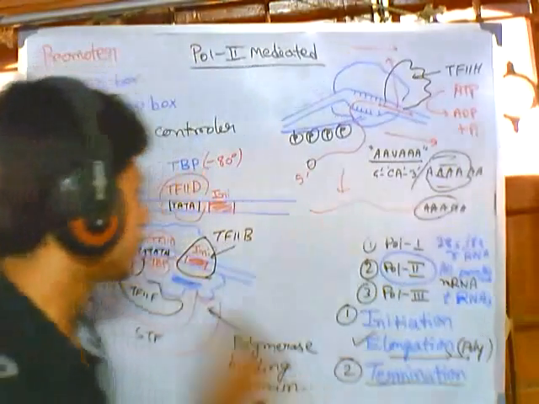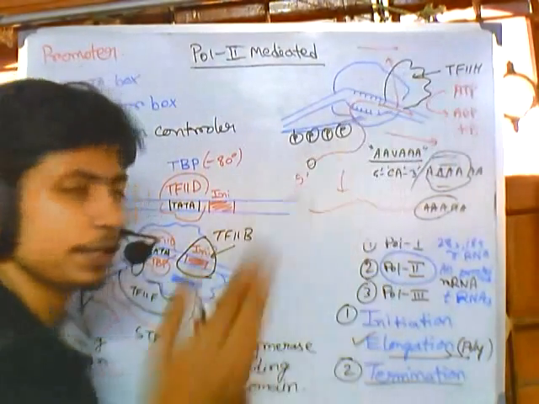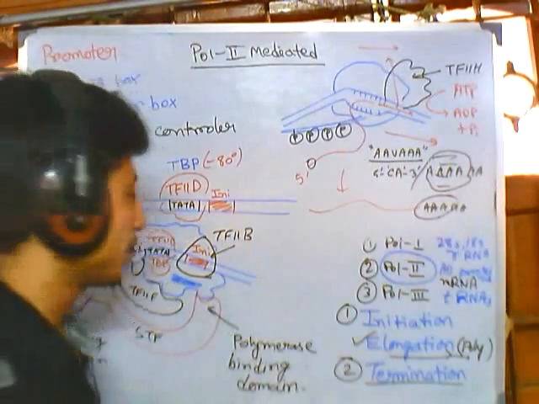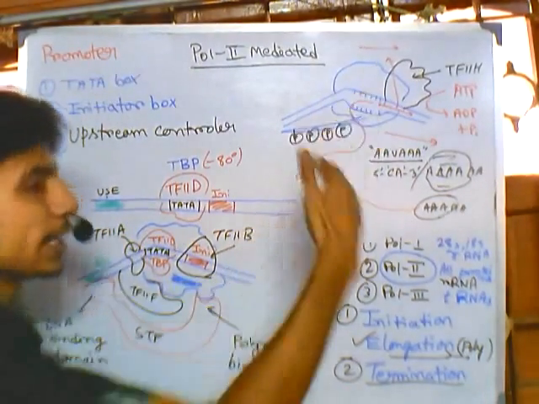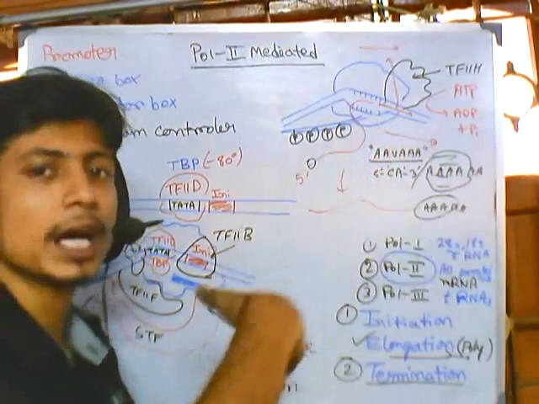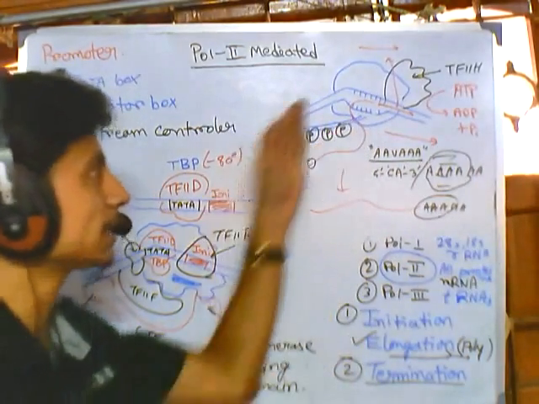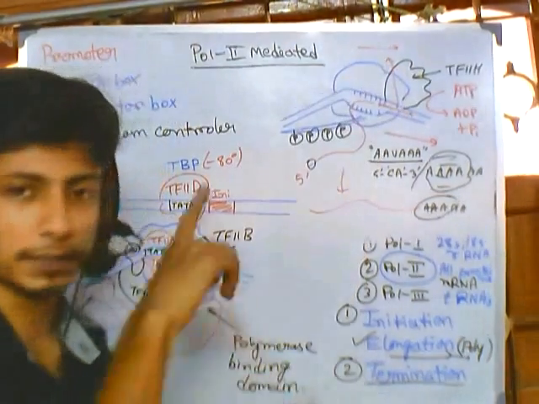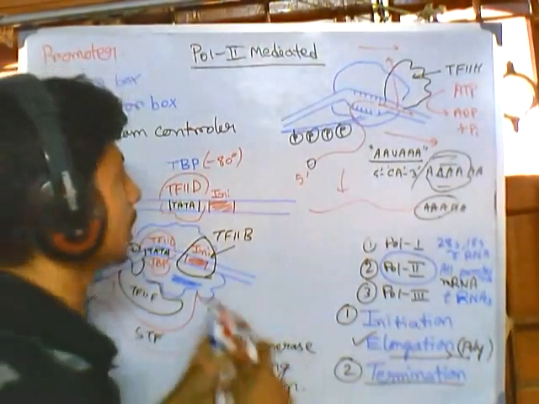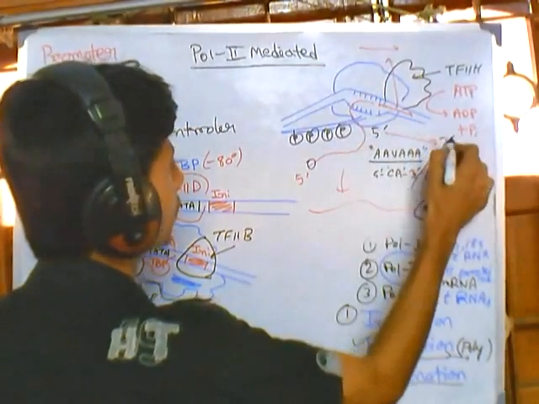After this binding, it will provide the signal to the polymerase and will recruit TFIIH. TFIIH has multifunctionality. This TFIIH will phosphorylate the C-terminal domain and make the C-terminal domain open. This provides the signal to the polymerase to move in the forward direction, and forward means 5' to 3' direction here. Let me write it here. Forward means 5' to 3' direction.